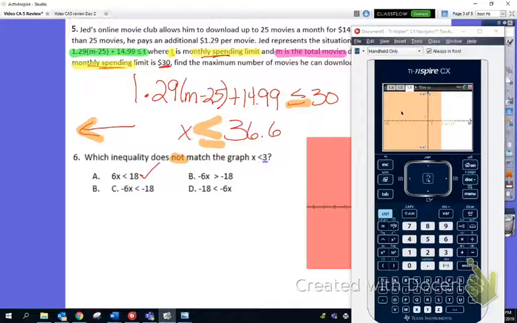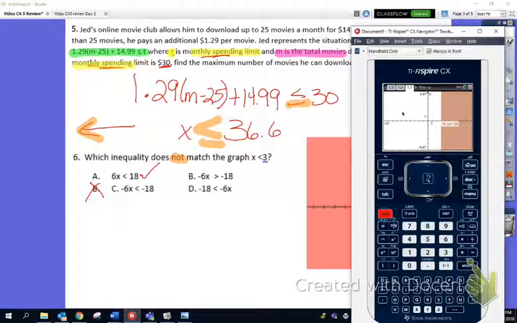Okay, so this one is good. Control Dot, 2, delete 6, and then you got negative 6x, and then less than negative 18. Okay, that one does not match. That is not a match.